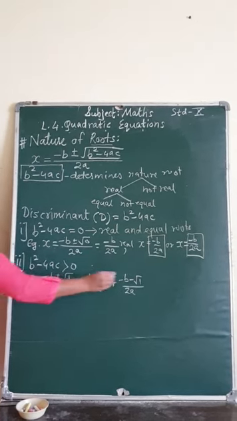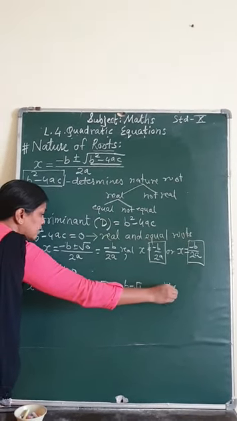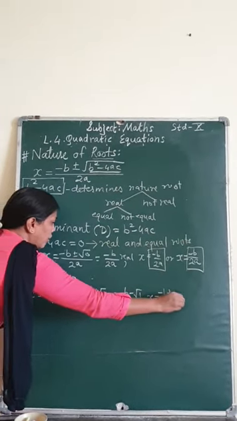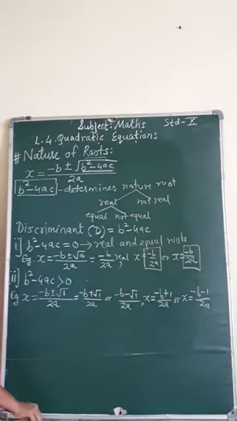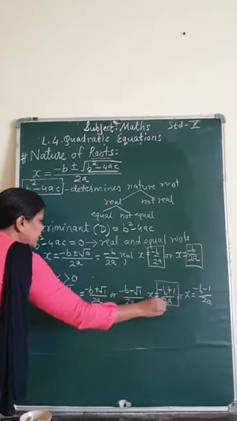So our roots will be x is equal to minus b plus root 1 upon 2a, or minus b minus root 1 upon 2a. You can see here we get two distinct or different roots. So in this case we write that they are real roots and distinct, or unequal roots.